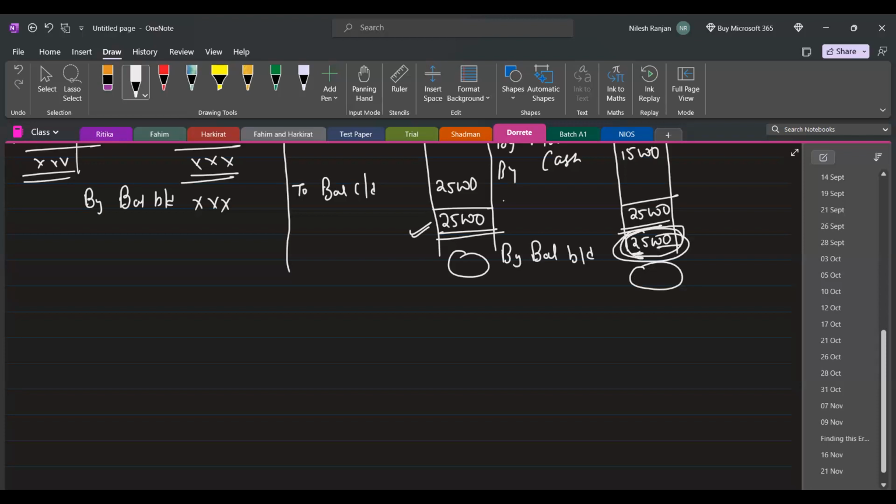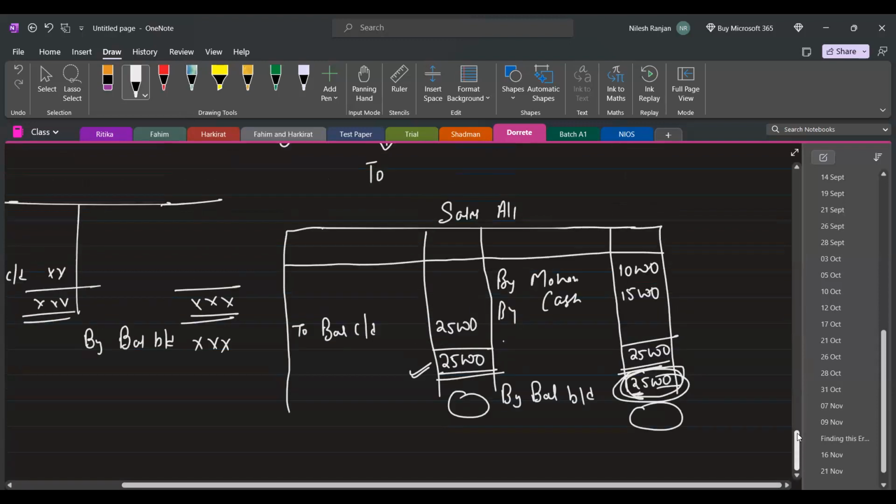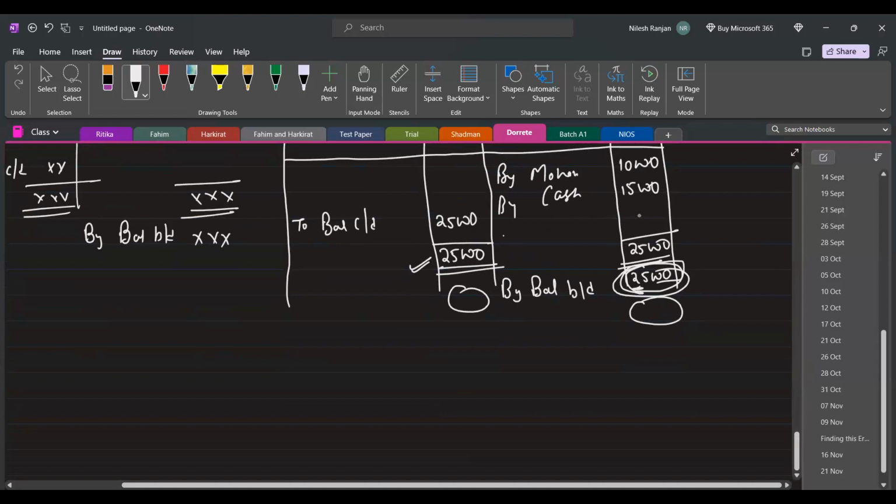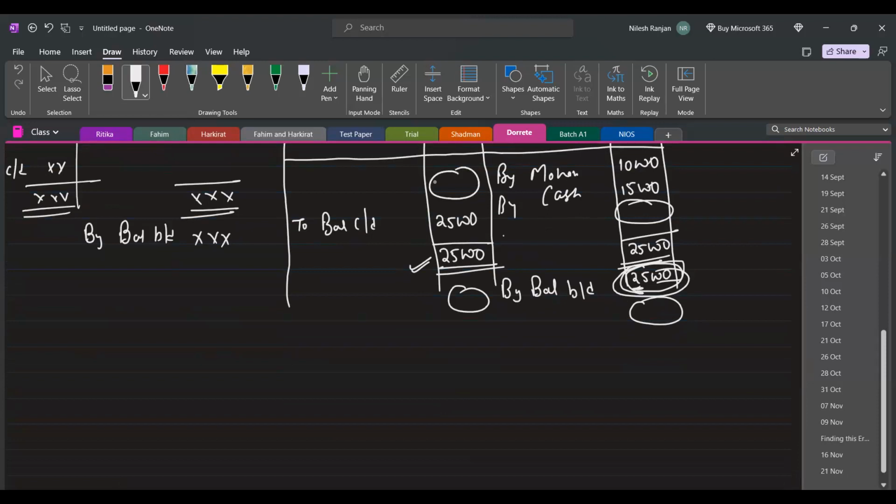So you will get that balance. If you want to change this amount, you cannot write any amount here or here. This will be incorrect because you have to cut your total. If you write anything here, you have to cut your total or rewrite them.